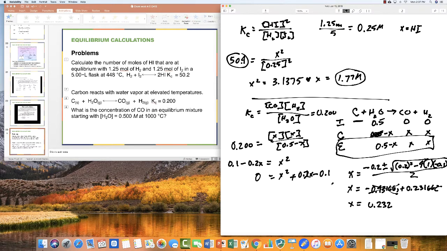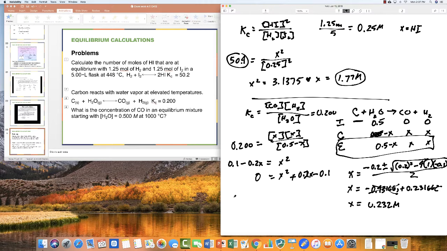Now, the question is what is the concentration of CO? Well, CO is X, so this is the answer that they're asking for. Now, there's a way of checking this.